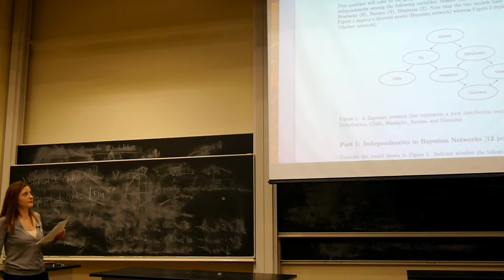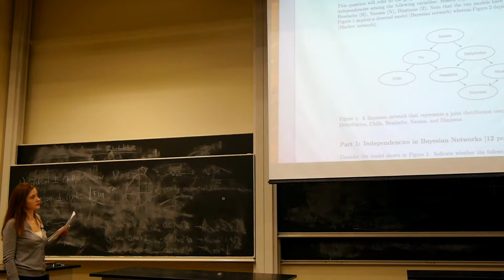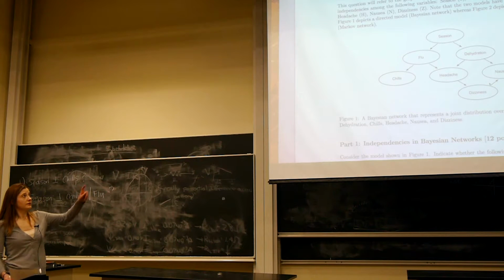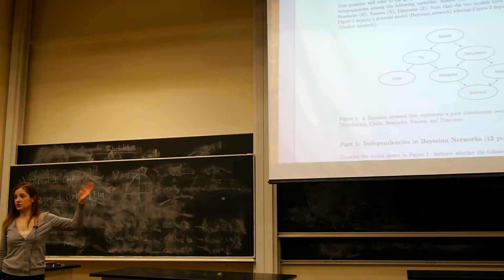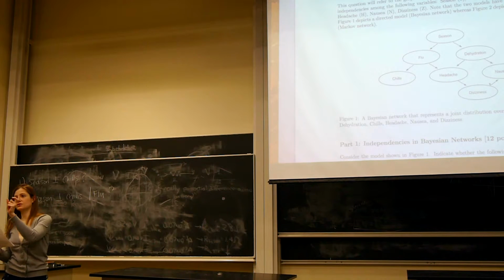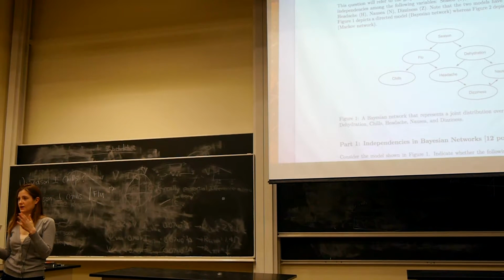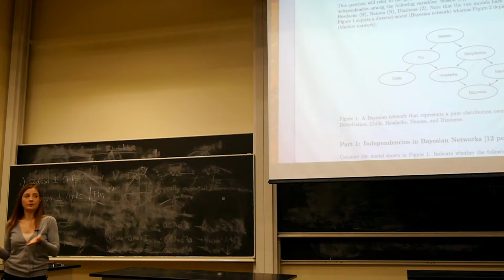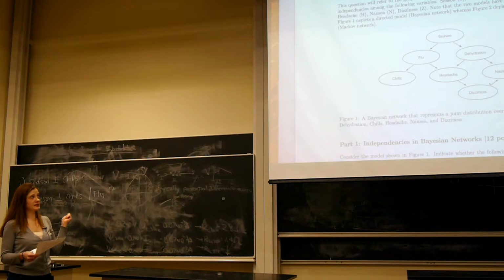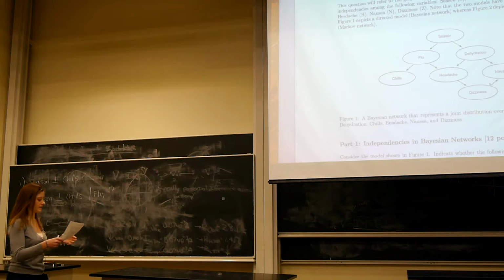Yeah, and basically, the only path from season to chills is directly through flu, right? That's the only path we need to look at, and based on the different three-variable structures that we know about and how influence flows through them, we can see that if flu is blocked, you can't get from season to chills, right?